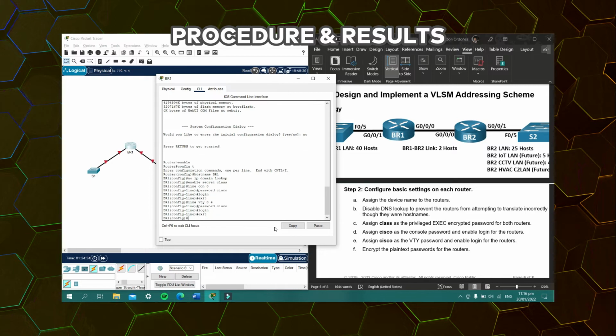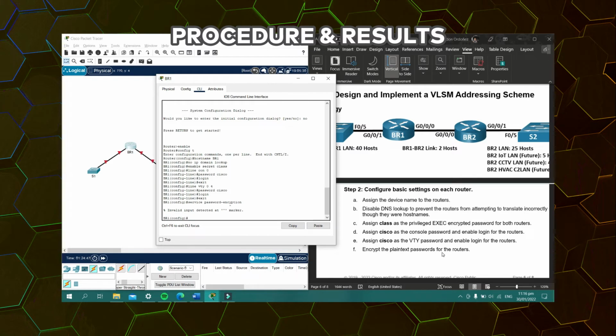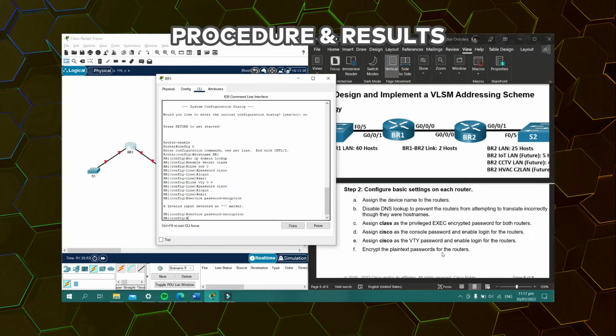Next, encrypt the plain text passwords for the routers. So service password-encryption, and there.